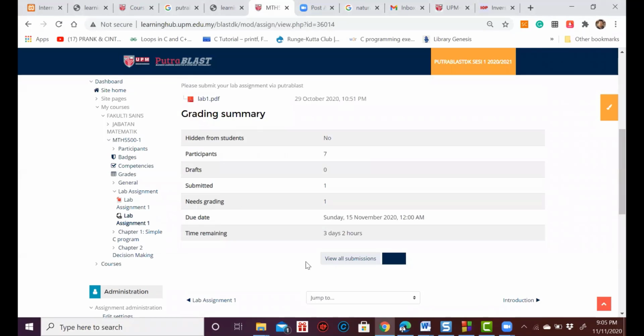Because I am a lecturer, I'm not sure this is the user interface. I don't know how the user interface is for your site. I don't know for the student.